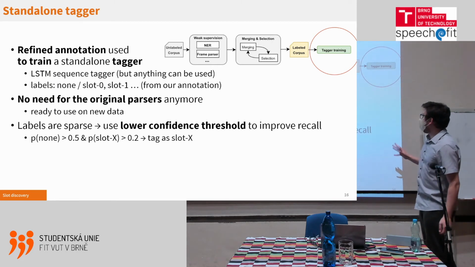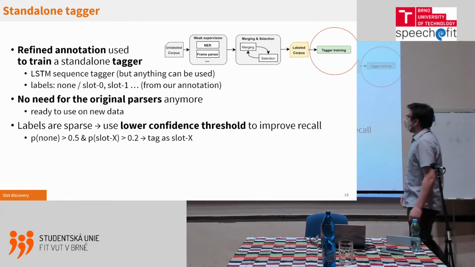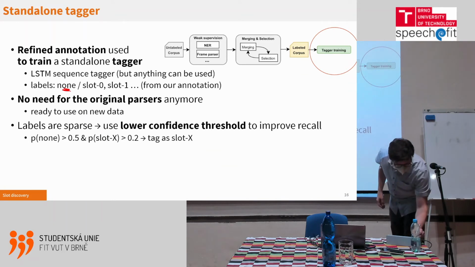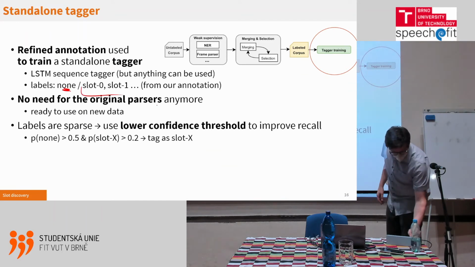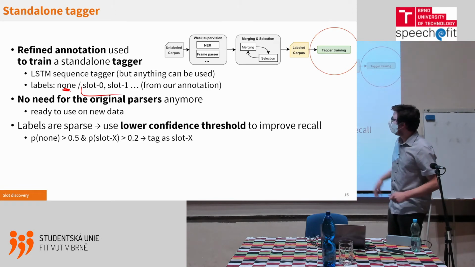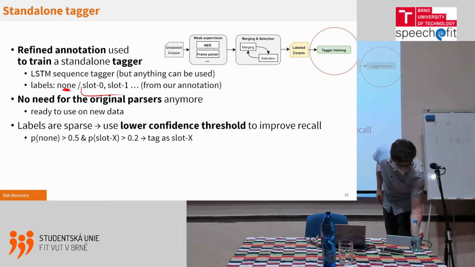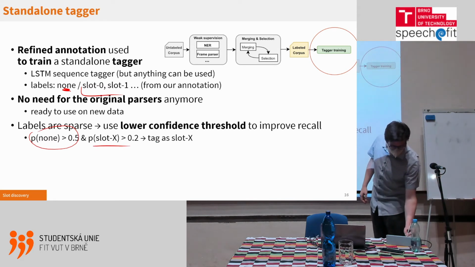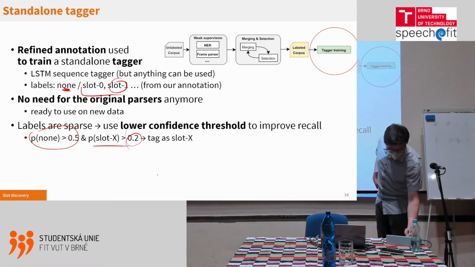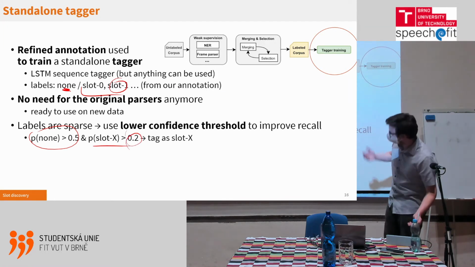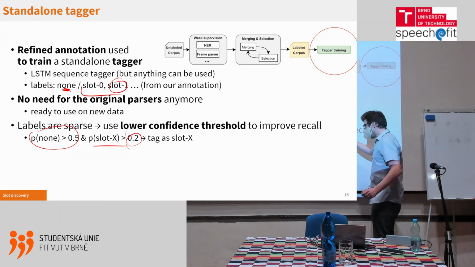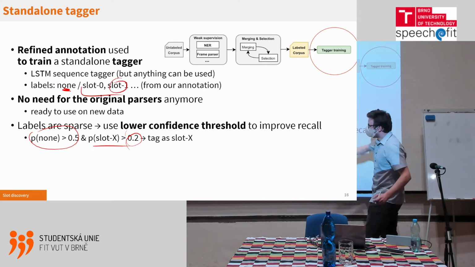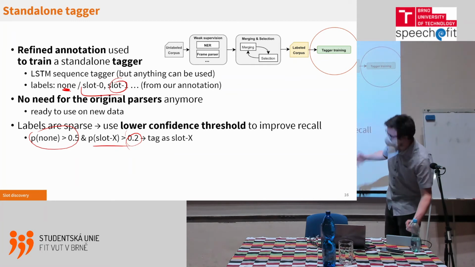We also found that you have this label, no label or no slot, and then you have some other slots. If you find a case where no label is the most probable, but there is some slot that, let's say, slot 1 has a probability of like 0.25, we have a rule that the tagger will pick that one as the output.